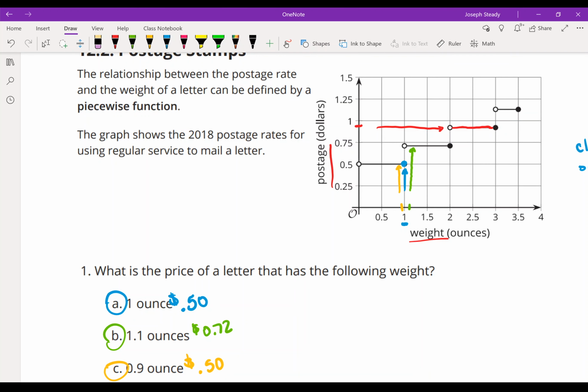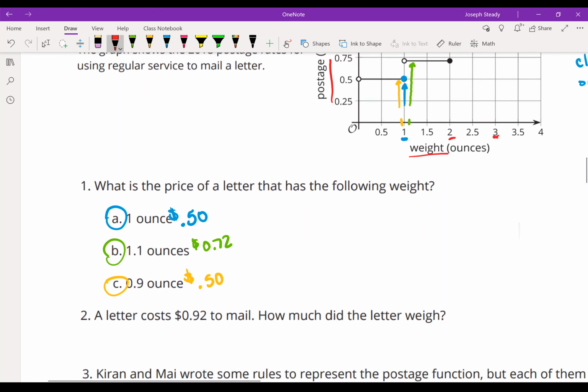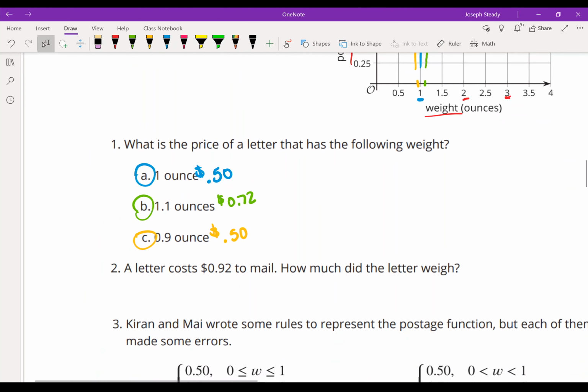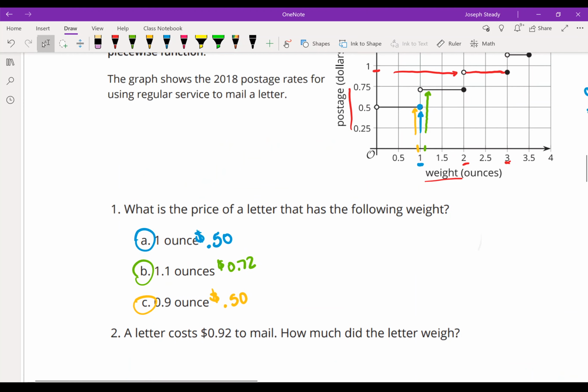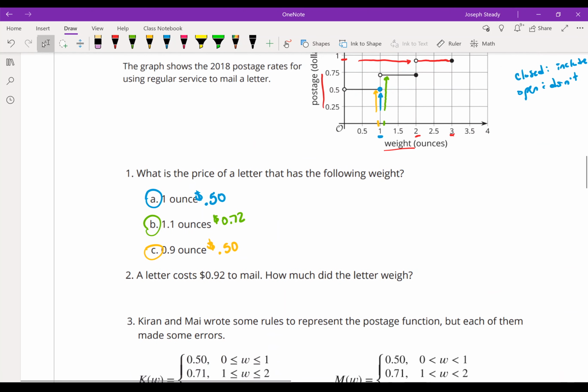So what is that range of prices, or range of ounces, sorry? That is from 2 ounces all the way up to 3 ounces. So if it costs 92 cents to mail, then that means that the weight must have been less than or equal to 3 ounces and must have been greater than 2 ounces.